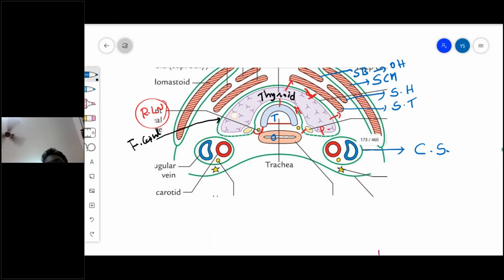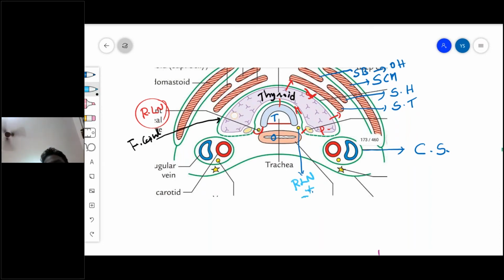In this picture, we can see one nerve only. At a higher level, one more nerve is also there. This nerve is called the external laryngeal nerve, ELN. The nerve I'm showing in blue color is the recurrent laryngeal nerve, RLN.